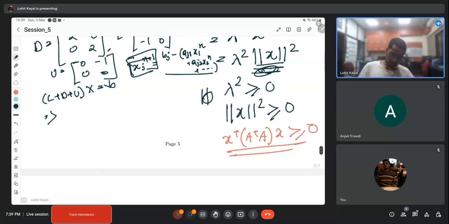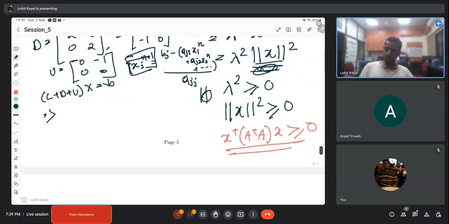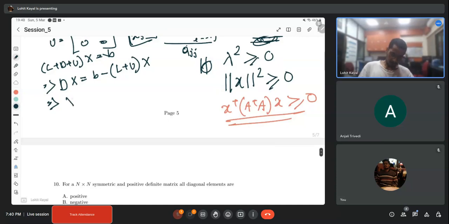So I will take this idea, and at the bottom it will be a_jj. So it will be Dx equal to b minus (L + U)x. This implies x equals D inverse of b minus D inverse of (L + U) times x.